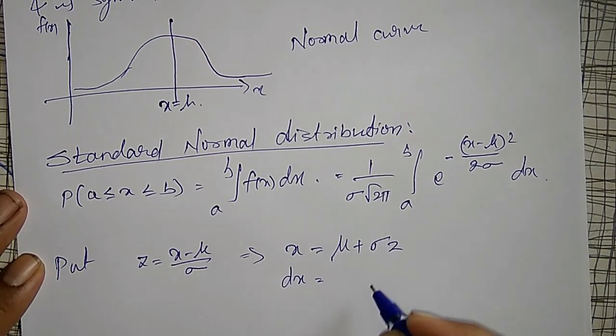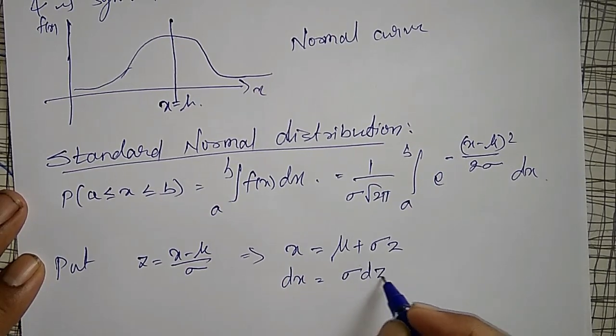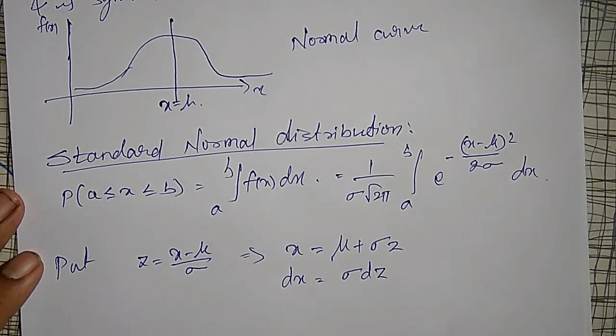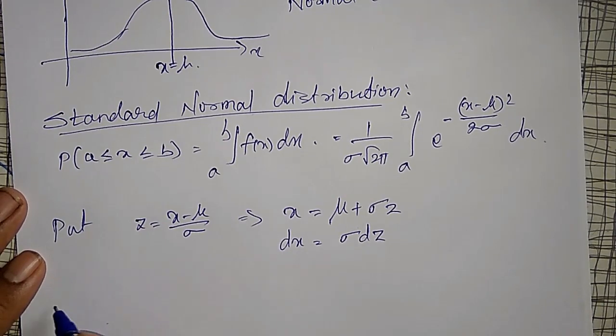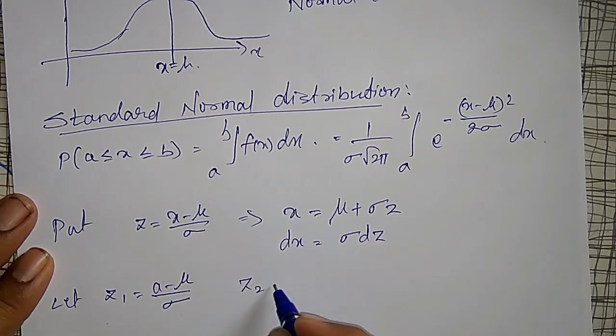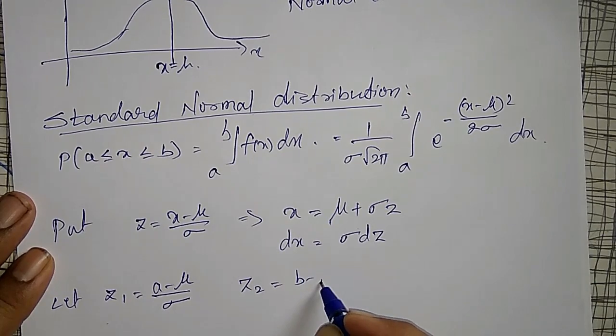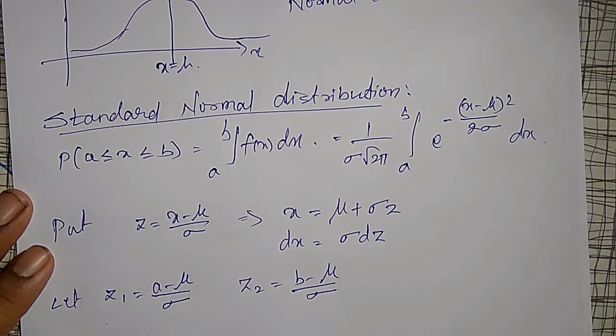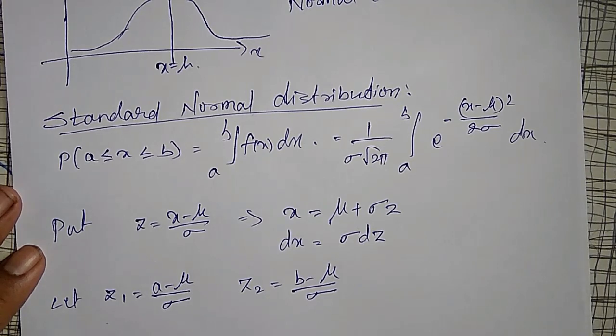Therefore dx will become sigma dz, and let z1 is equal to a minus mu divided by sigma, and z2 is equal to b minus mu divided by sigma, be the values of z corresponding to x equal to a and x equal to b.